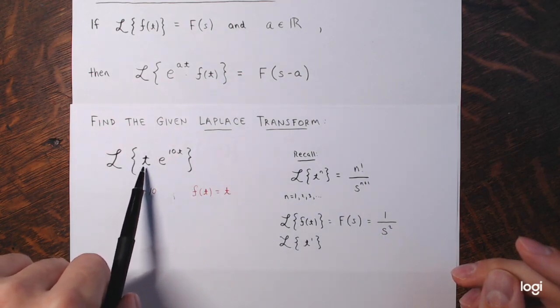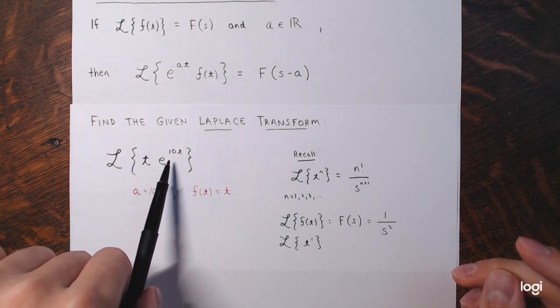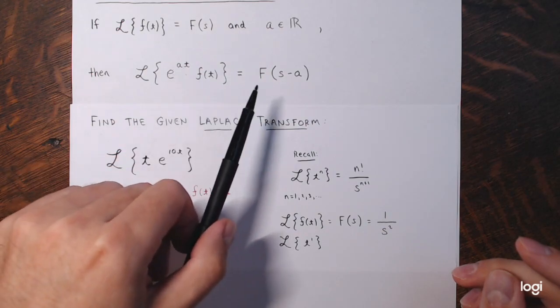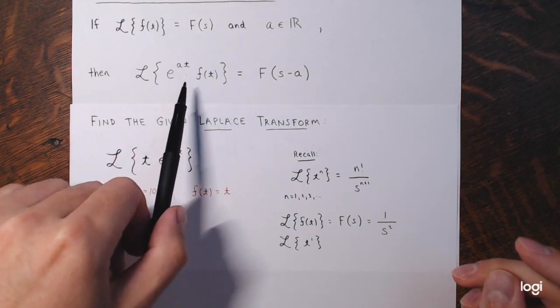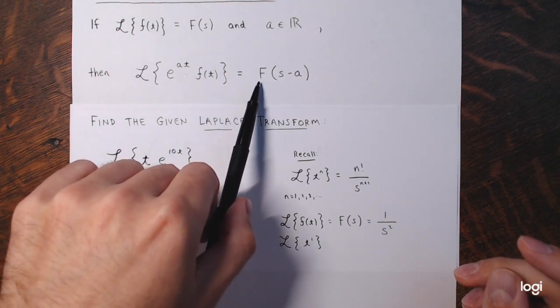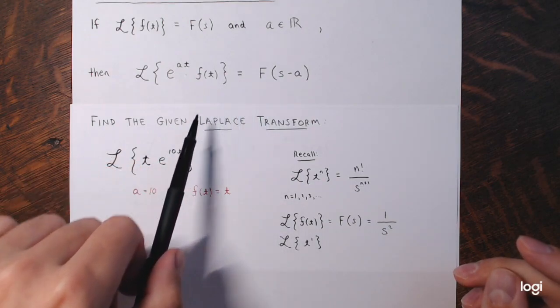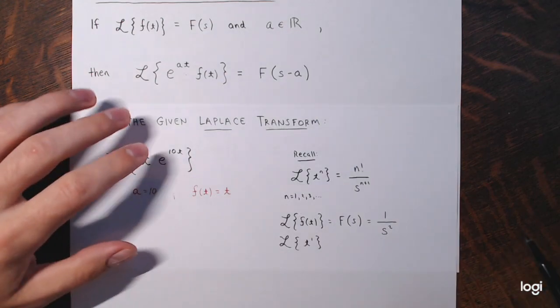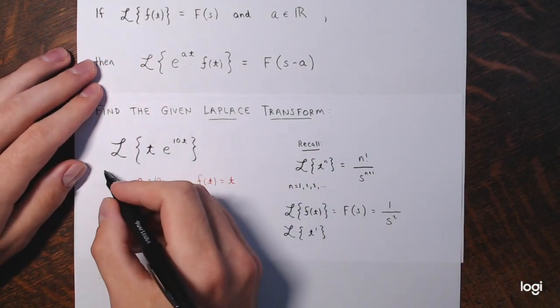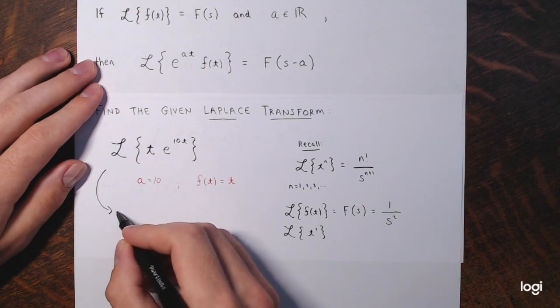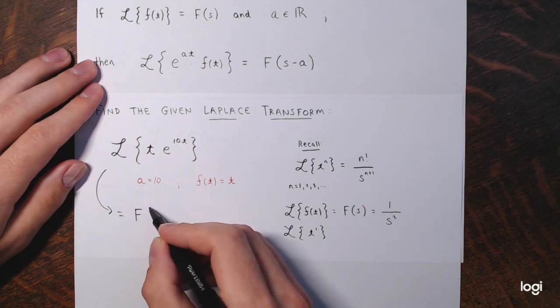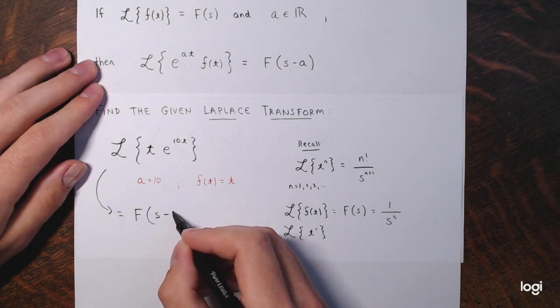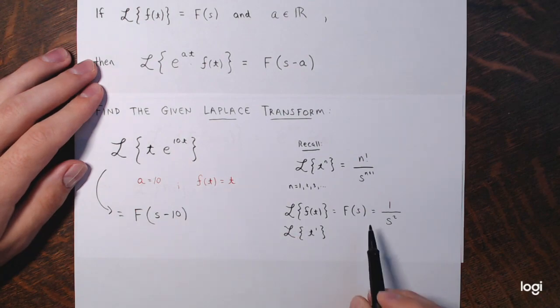So then multiplying t by e to the 10t, the Laplace transform of this product is going to be F, the Laplace transform of t, but evaluated at s minus a. In this case, this is going to be equal to F of s minus 10, where this is F of s.